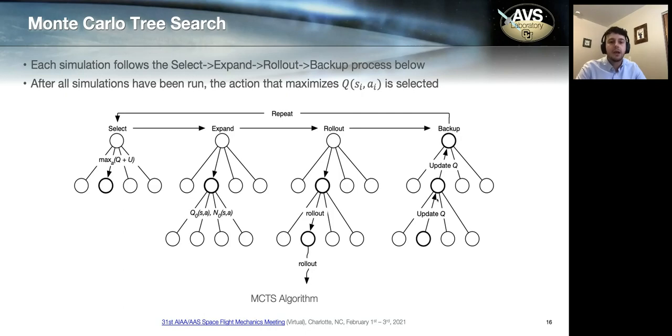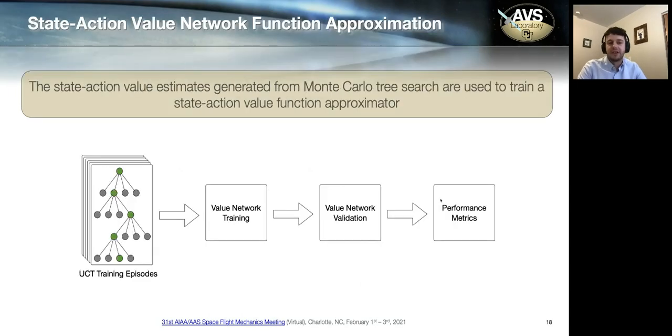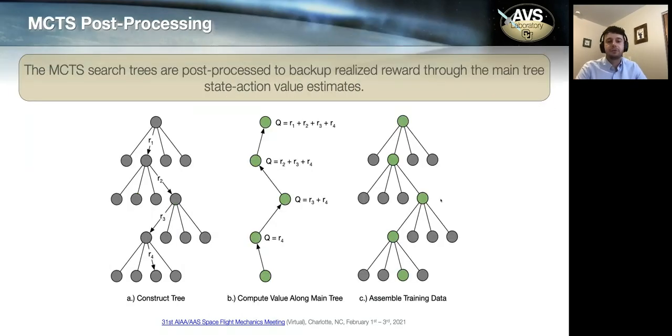end of the horizon. After expansion, the agent enters the rollout phase where actions are either randomly executed or some heuristic policy is followed to the end of the planning interval or horizon. And then after rollout, the realized reward is backed up through the search tree to update the intermediate state action value function. We also do some post-processing on the data to assemble it for training.